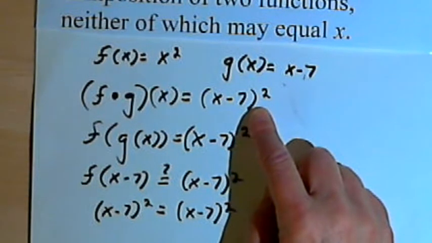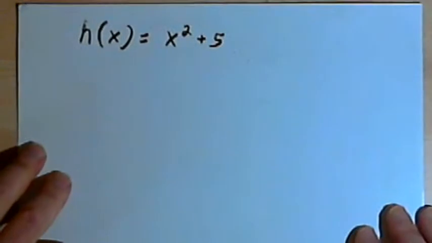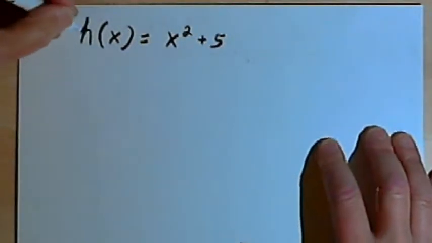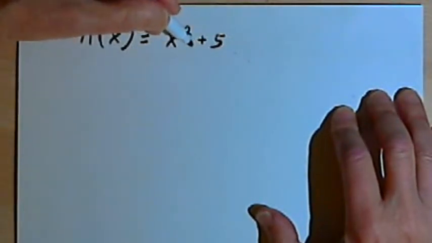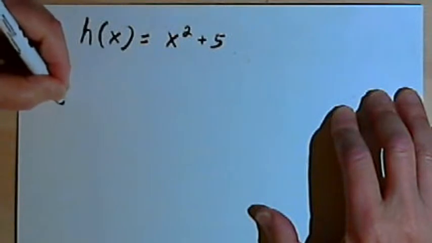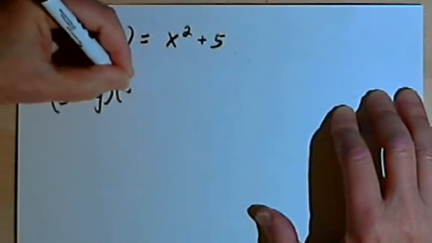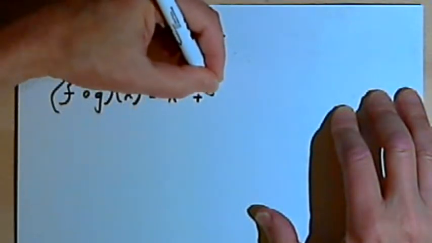Okay? Now, it's possible that you could have a function and you could decompose it in more than one way. So I just want to show you that that could happen. Let's take this function h of x equals x² + 5. So I'm going to rewrite that as f compose g of x equals x² + 5.